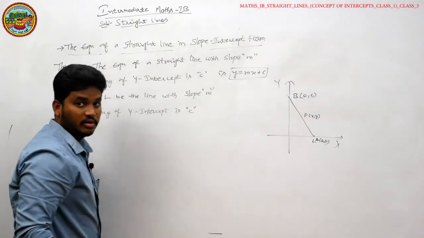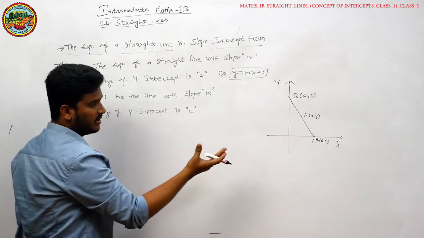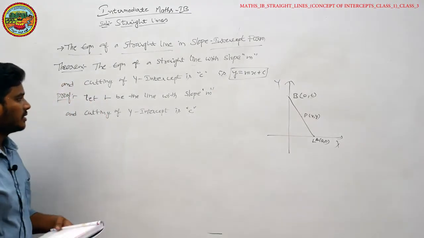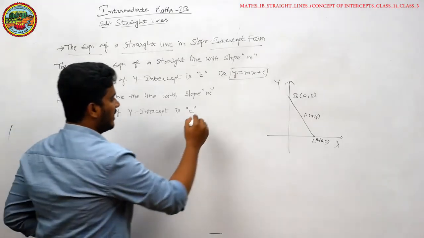The y-intercept is taken on the y-axis and the x-intercept is taken on the x-axis. So here we are given the y-intercept c on the y-axis.